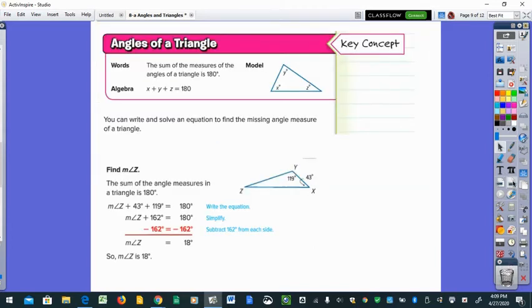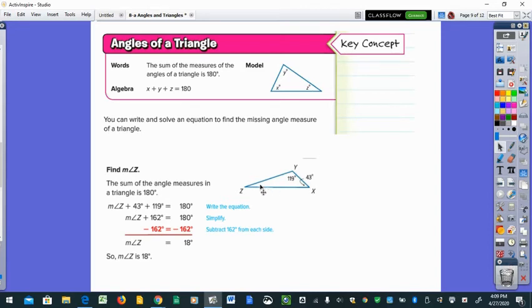The other thing we learned about triangles last year is that there are three angles in a triangle, and no matter what triangle it is, those three numbers will always add up to 180. So inside of a triangle, there is always a total of 180 degrees exactly. Down here, the triangle has an obtuse angle that's 119, and it has an acute angle in the bottom right at angle X, which is 43.